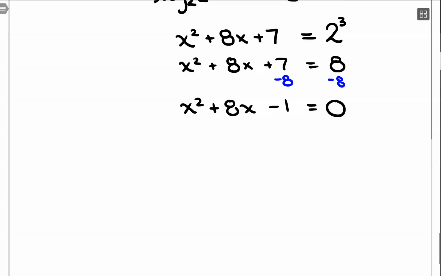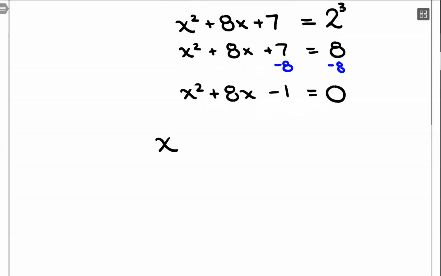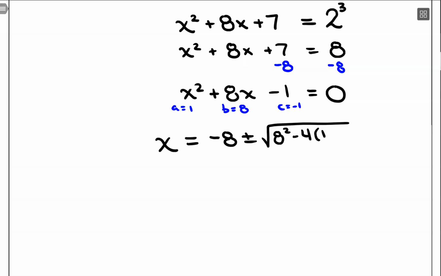So we're going to need to use our quadratic formula. So I'm going to go x equals, and let's see, we have a is 1, b is 8, c is -1. So negative b plus or minus the square root b squared minus 4ac all over 2 times a.